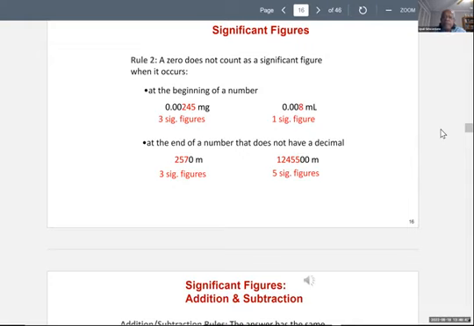If I had a decimal point there after the 0, it becomes 4. But none of these have it. Okay, this is a whole number. These 2 zeros are not significant. Therefore, it's only 5 significant digits. Do you have any questions about it?